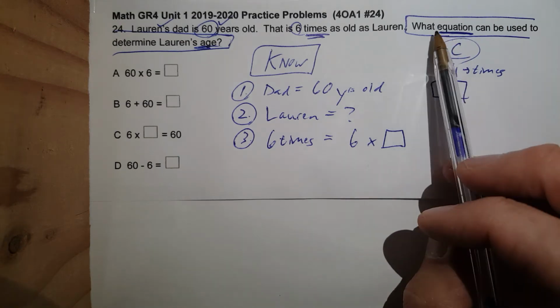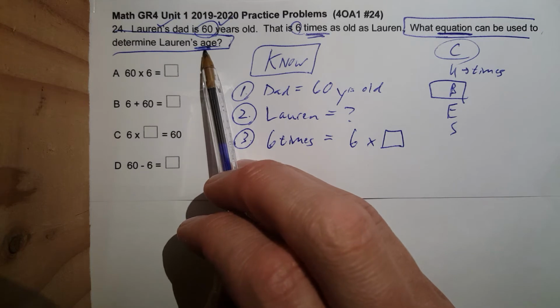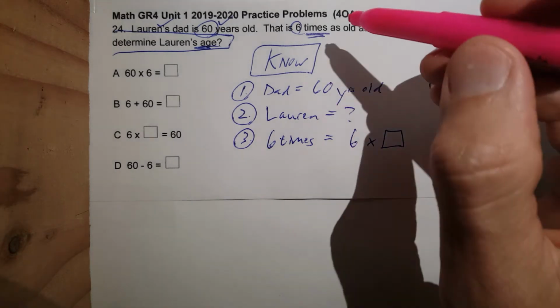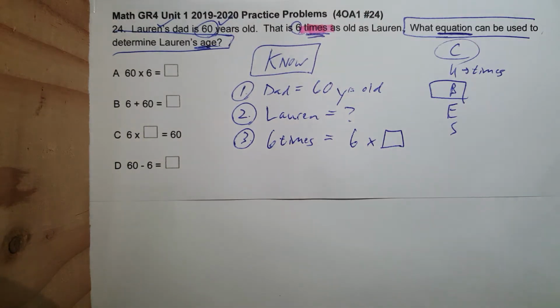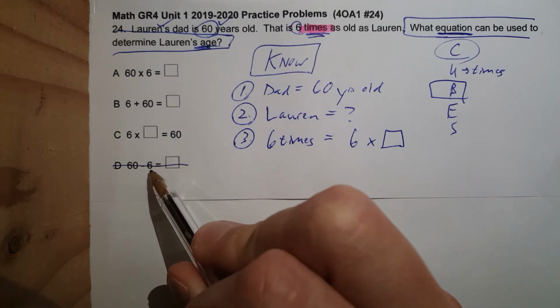All right. Now, what equation can be used to determine Lauren's age? So we know that this is times, so we are multiplying right away. Okay. So since we are multiplying, we are not subtracting.